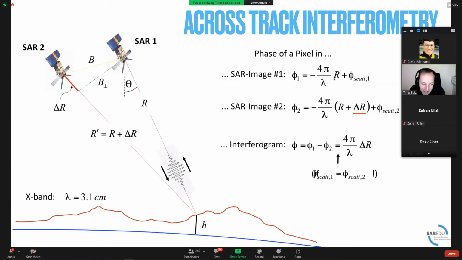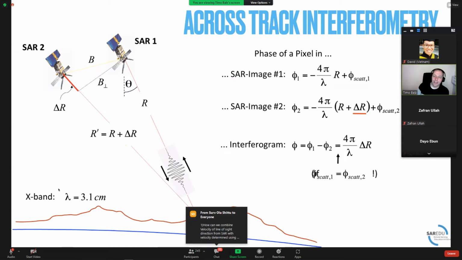In that case, the small range differences within a pixel are already so large that they are far above half of the wavelength of a system. So if you think about an X-band system with 3 centimeter wavelength, if they are 1.5 centimeter away from the center with respect to each other pixel, you are basically up into noise already.